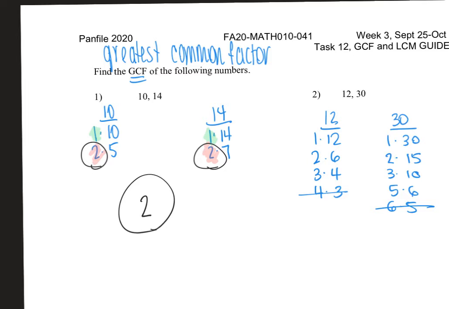Looking for common factors, 1 is always going to be a common factor, but it's important that I grab it because it could be my GCF. 2 will always be a common factor if they're both even numbers. 3 is a common factor here.